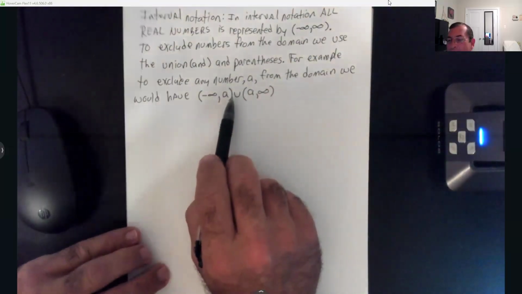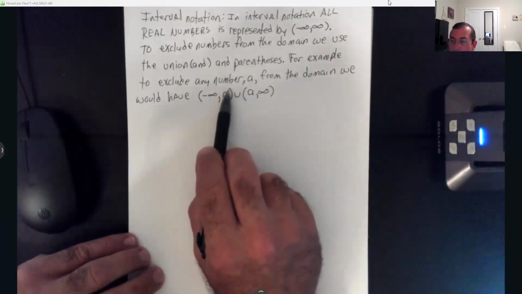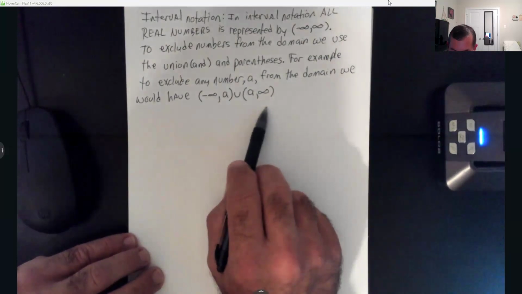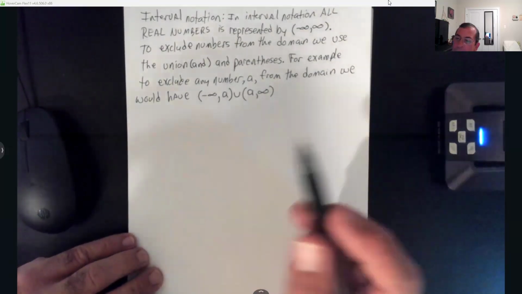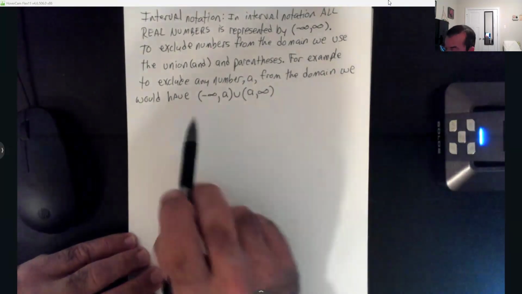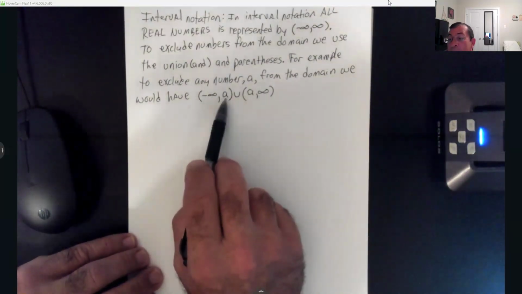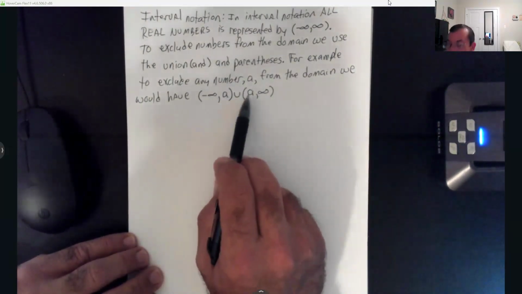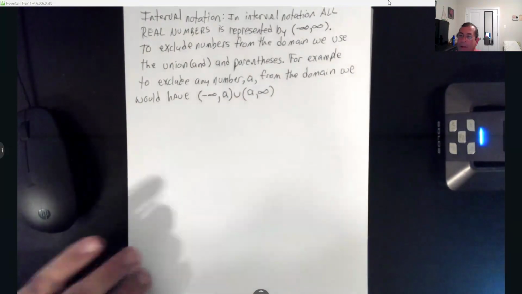So anytime we're going to kick out a number, we do a union around that number, okay? And we're going to go left to right on these. So say we had a fraction and 5 made it undefined. We'd go from negative infinity up to 5, but not including it, and then from the other side of the 5 towards positive infinity, okay?